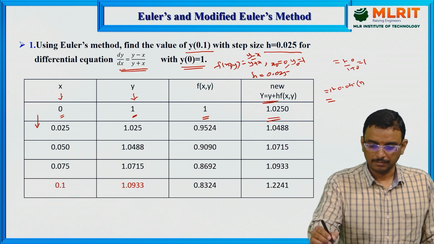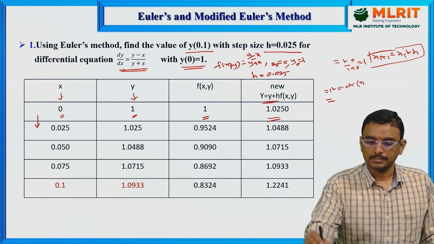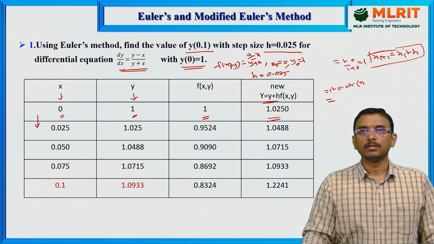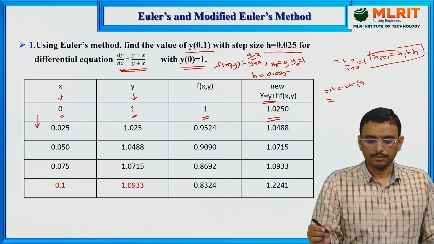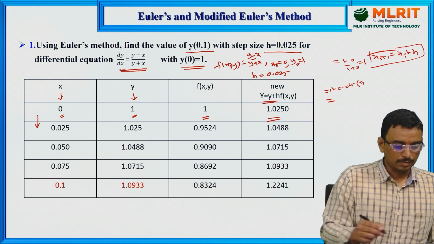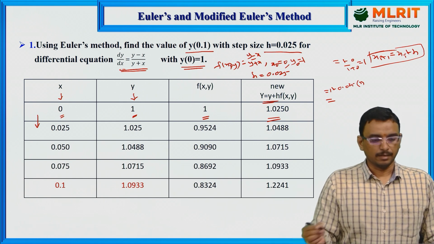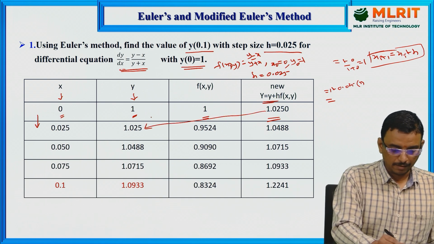So xi plus 1 is equal to xi plus h. So we are increasing the step size. So xi plus 1 is equal to xi, that is the previous value of x, that is 0, plus h, the interval difference 0.025. So 0 plus 0.025. So it becomes 0.025.